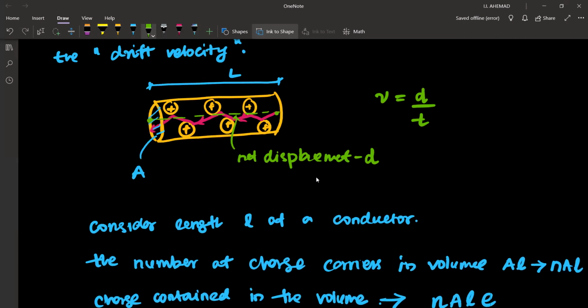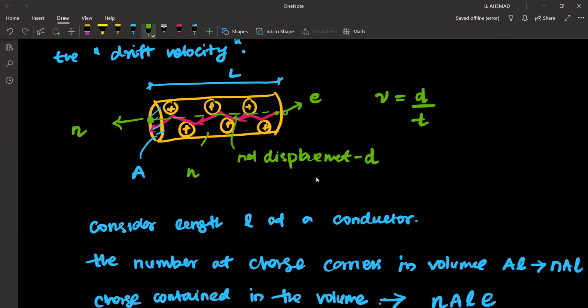We have, in this volume, n number of charges totally, okay? And here we have the last charge. So I'll take it as E. So when this last charge comes over here, how much charge has gone out of this volume? That is N.